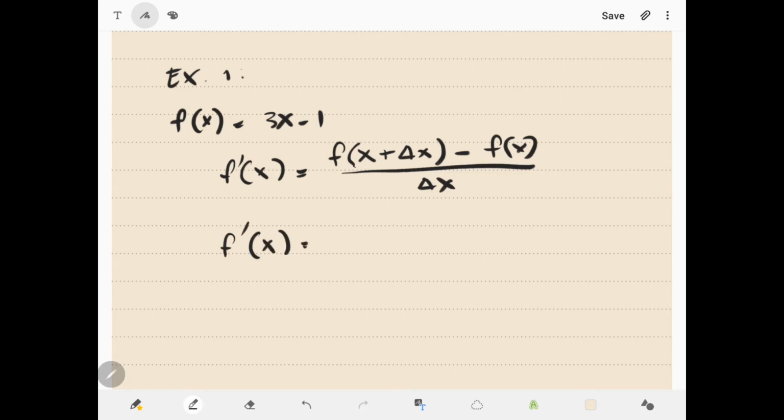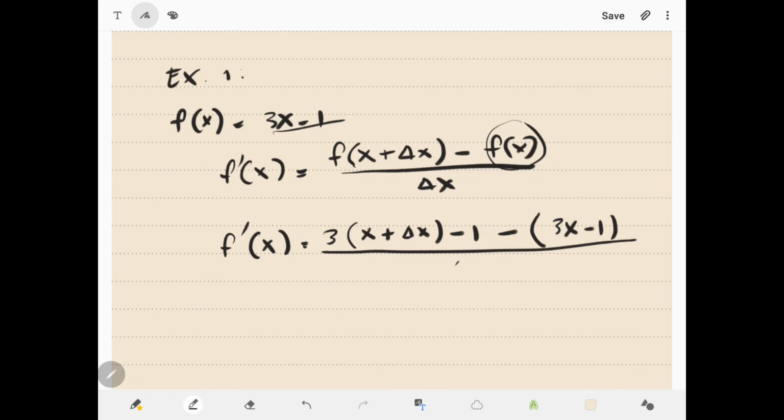So function of x is 3x plus delta x, minus 1, minus, what is this here, 3x minus 1 over delta x.